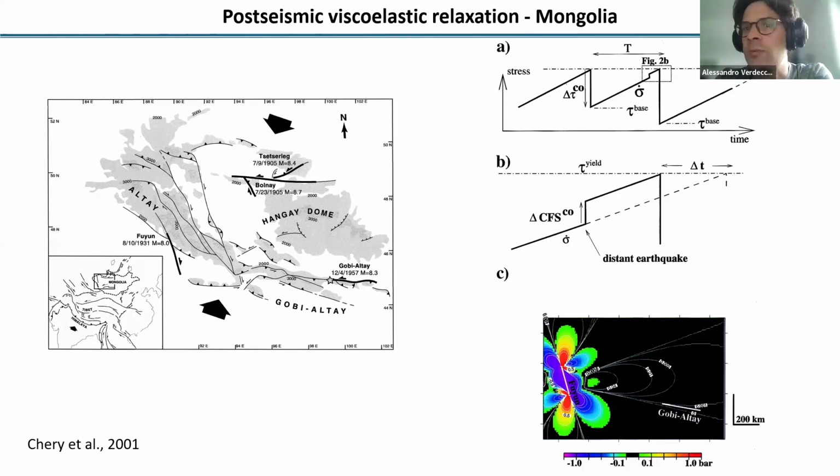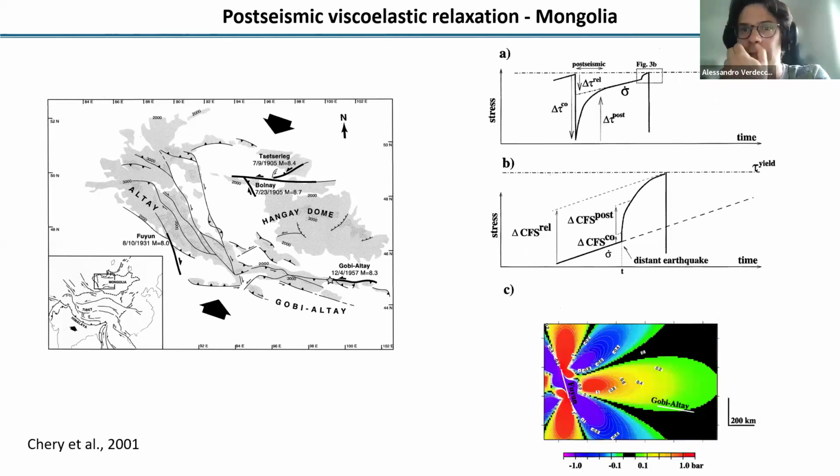Considering the big distance between these faults, coseismic stress changes were not enough to explain the possible interaction among these faults. And Sherry et al. again tried another approach based on viscoelastic relaxation.